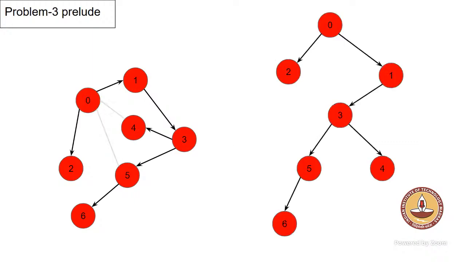Ma'am, there is a little bit of contradiction. When we can go from 3 to 4, why didn't we go from 0 to 4 initially? At vertex 3, there is a choice between 4 and 5. Similarly, at 0 also there is a choice from 1, 2, and 4.